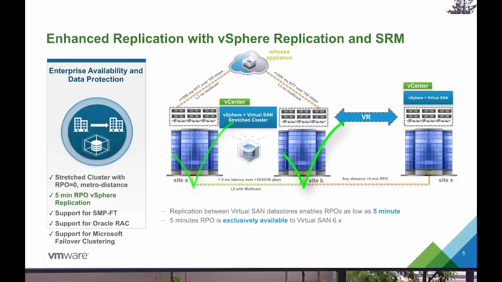But if we look closer, we'll see that we also have a tertiary site that's set up that has another vCenter, and we've got Virtual SAN living inside of that space, and we're using site B to site X, or that tertiary site, with vSphere Replication. vSphere Replication has been enhanced to allow for RPOs as low as 5 minutes. Now this is exclusively available if you're leveraging Virtual SAN 6.x.